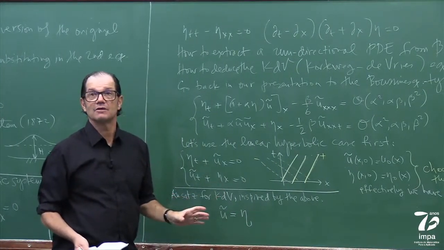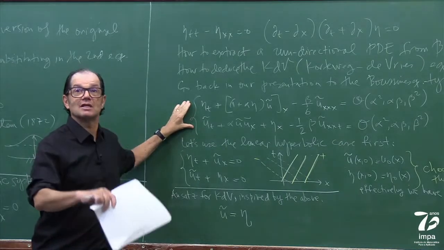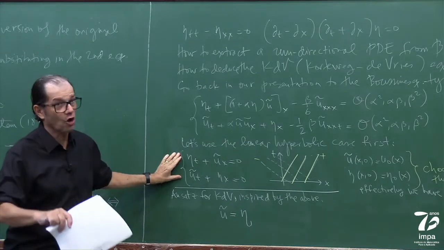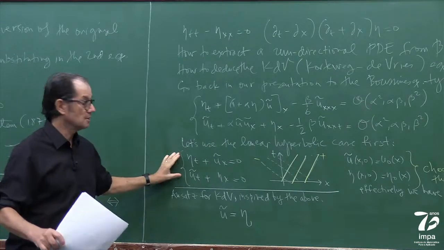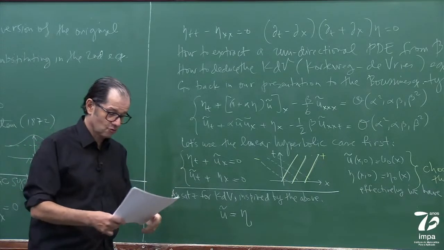But that's not enough, because this guy is weakly nonlinear and weakly dispersive. And this guy was linear, non-dispersive. Right? So therefore, the intelligent ansatz is to write this.